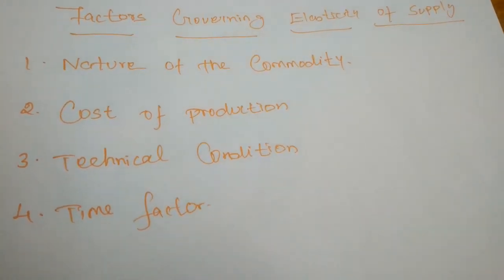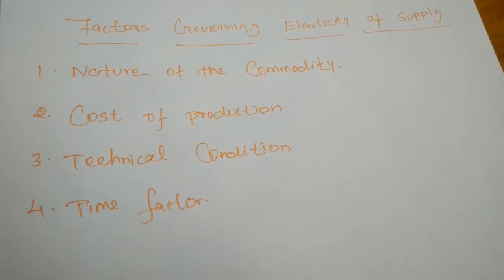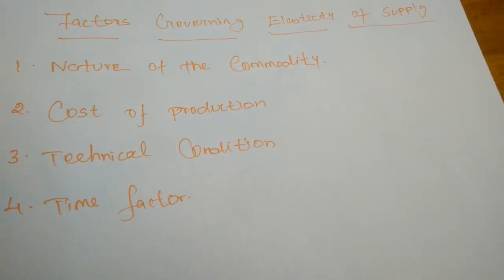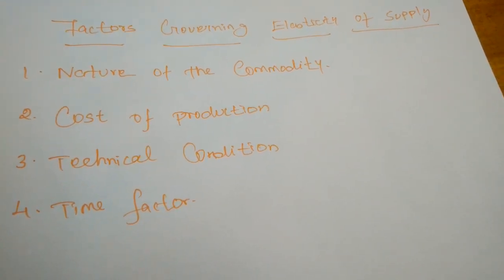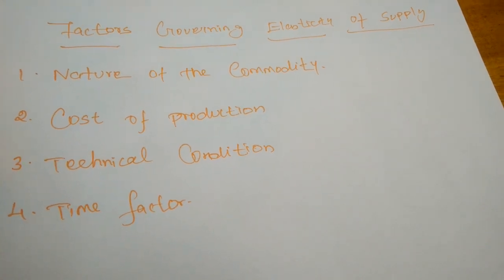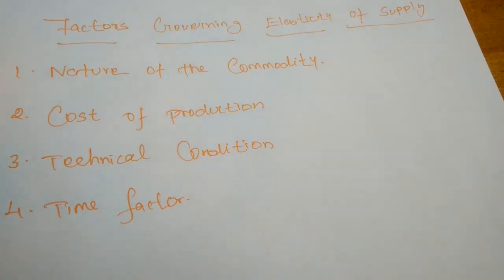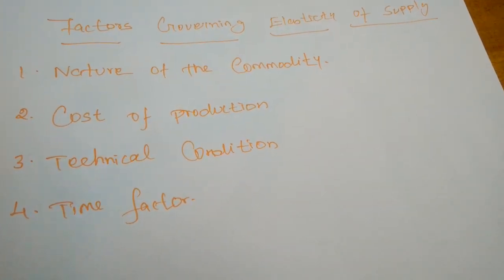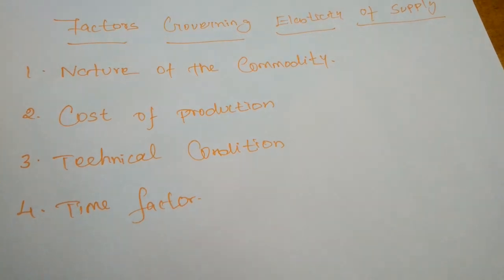Next, the time factor. Time is also one of the factors governing the elasticity of supply. During a very short period when supply cannot be adjusted, elasticity of supply is very low. But in the short period, the variable factors can be added and so supply can be adjusted to some extent.